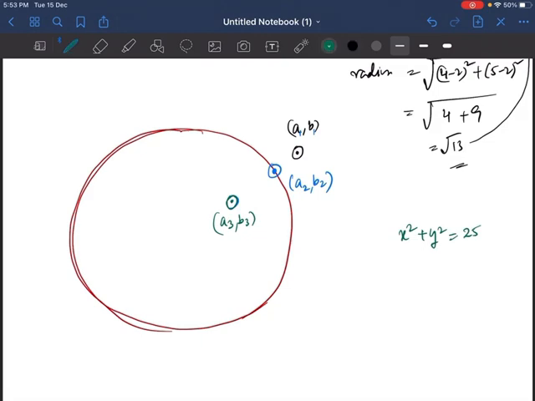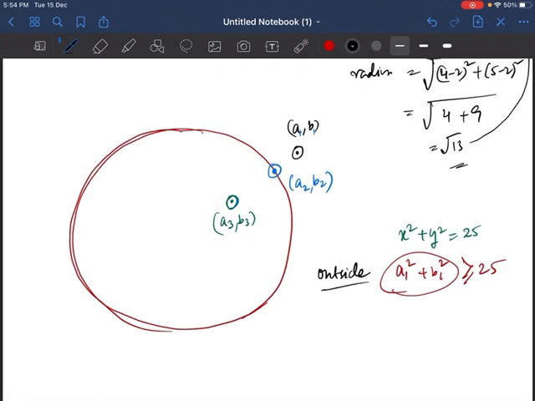So how can we know that they are outside or inside? When you put a1² + b1² in place of x and y in the given equation of the circle, and if this value comes greater than 25, then you can say that the point lies outside the circle.